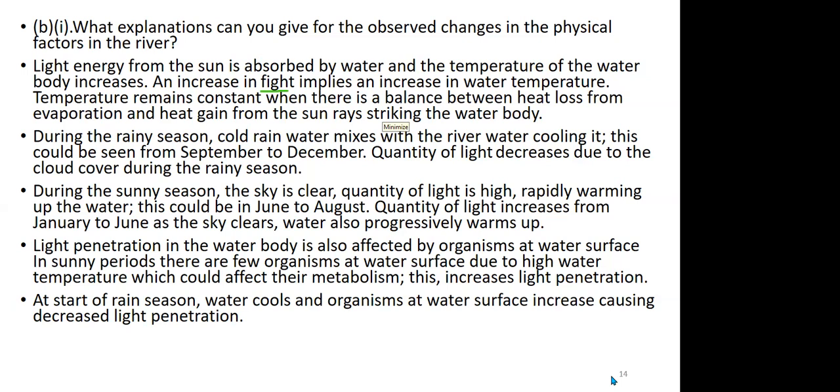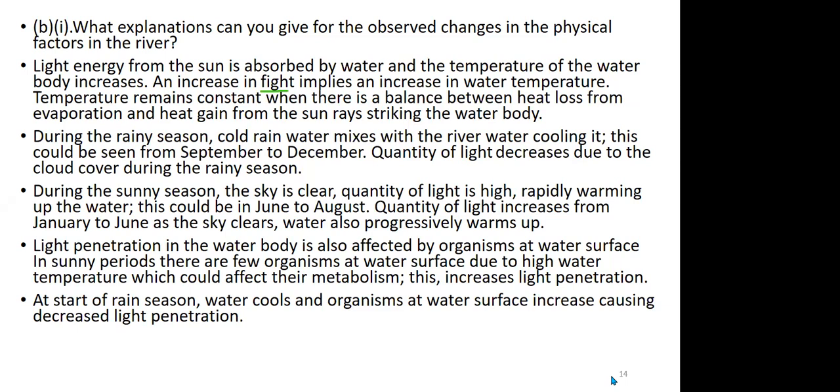Okay, now the thing about these graphs, you may not know for sure, but you can make a suggestion, because wherever you go, there are always going to be a rain season and a dry season. Okay, and you know that when there's a rain season, then there will be less light. Okay, there will be more cloud cover.